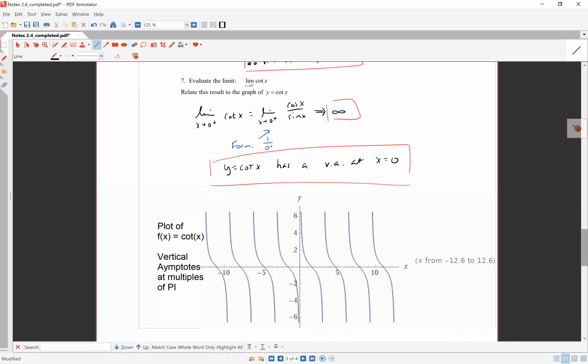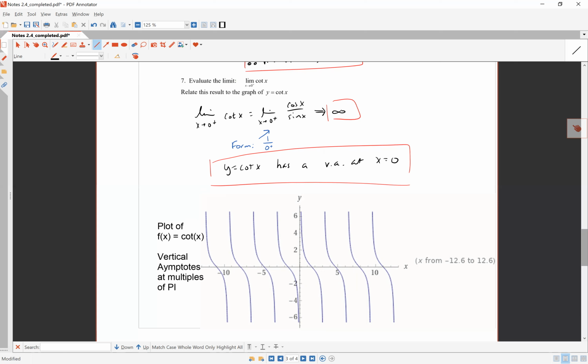So you get a positive number over a positive number, but the sine function goes towards 0. So cosine of x over sine of x, as x goes to 0 from the right, is 1 divided by a very, very small positive number. So you get a vertical asymptote that goes towards infinity.